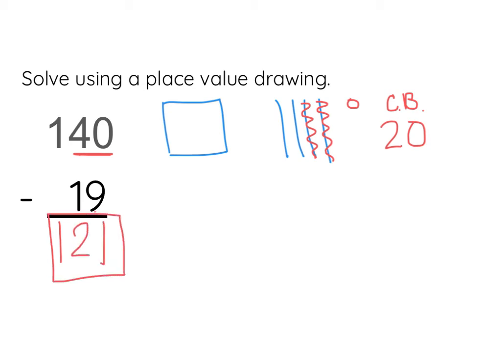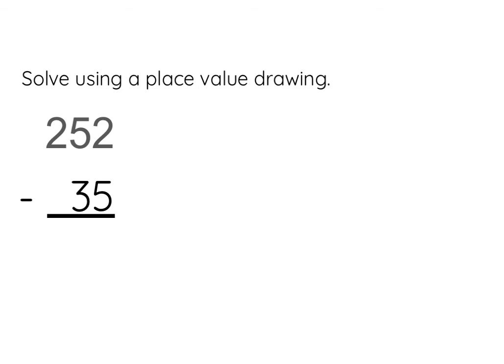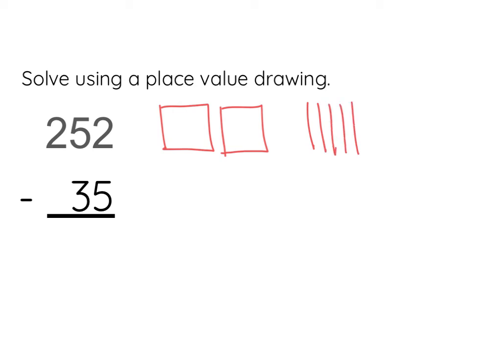121. Notice on these problems, we're not even really doing anything with the hundreds. Yes, we have them, but our number that we're subtracting is smaller than our 10s and 1s. So 35's close benchmark, or next 10, is 40. So I'll subtract the 40.